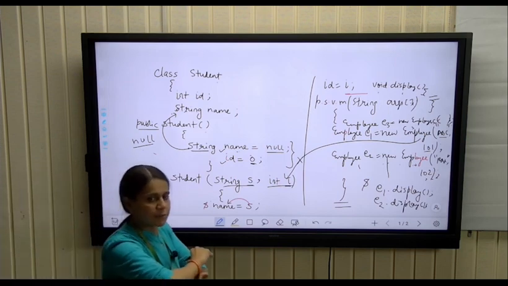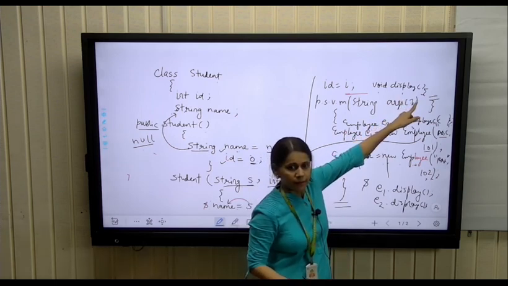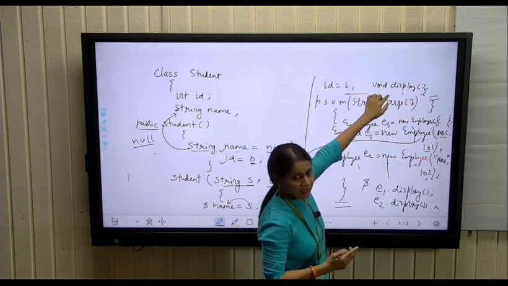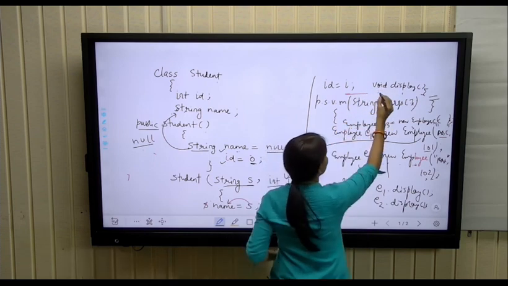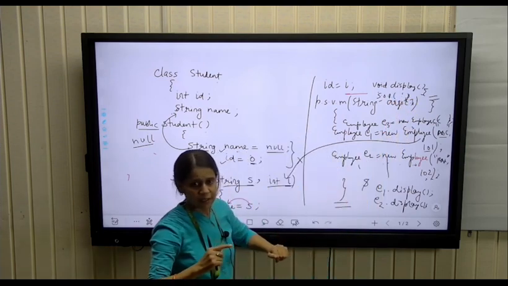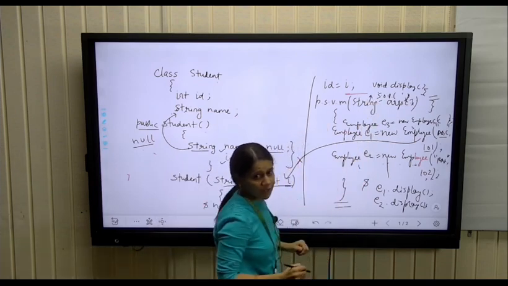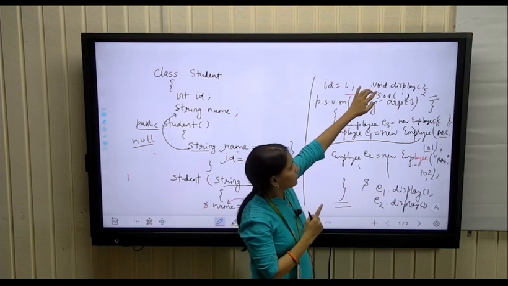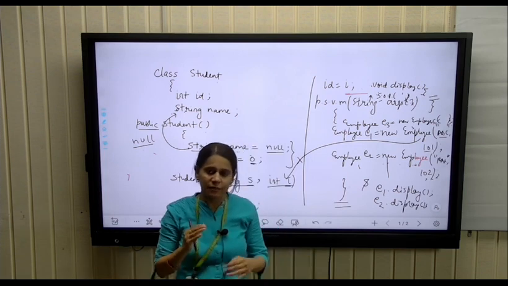This println, system.out.println, yes, in this. No need to write the system.out. If you are taking the display function before the main, then we'll have to write here system.out.println, whatever syntax you are telling me, that will come before the main function, and you need to call this display function in the main function.